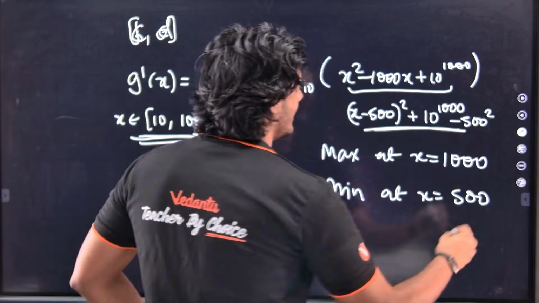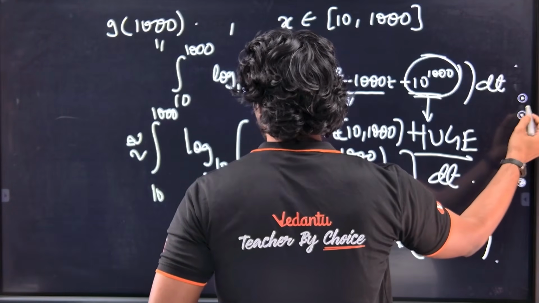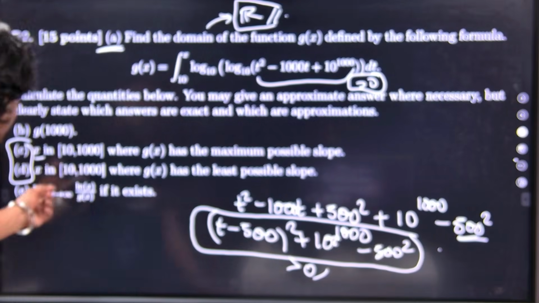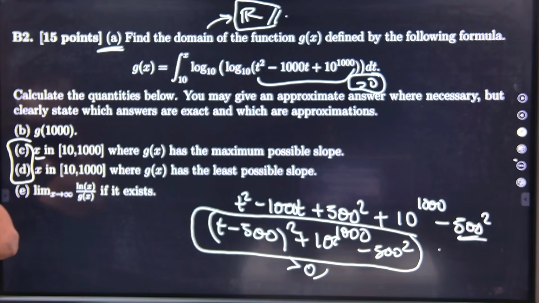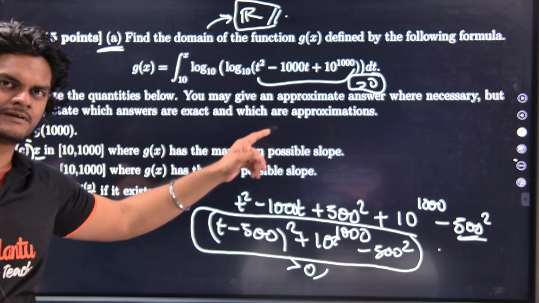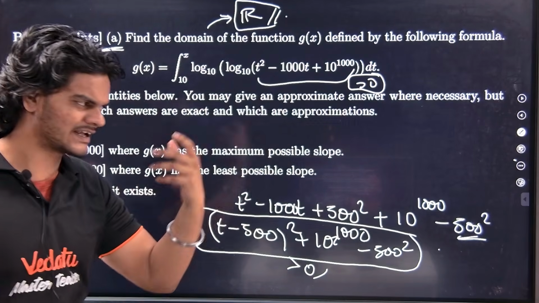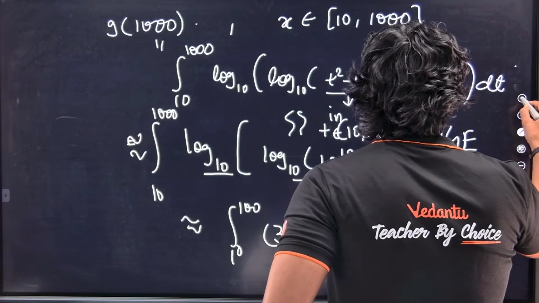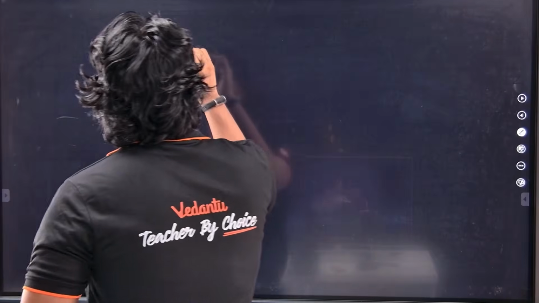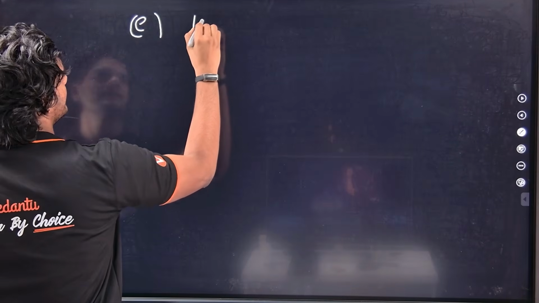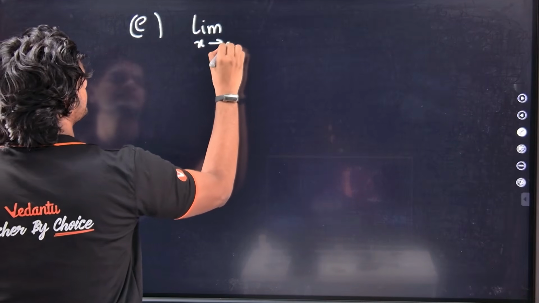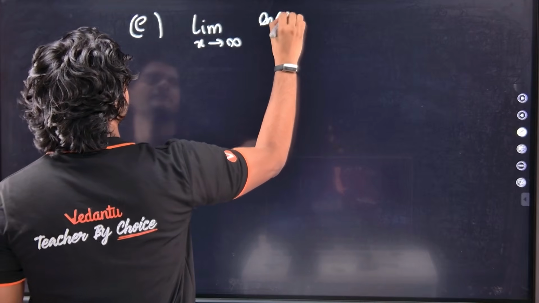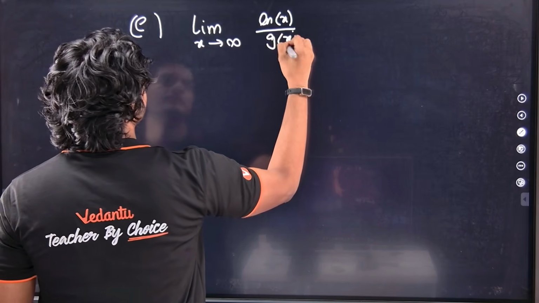Right? And what else do we want to find? Log x by g x when x is tending to infinity. So we know what to do. We know that g of x is increasing, and ln x is also increasing. We can use L'Hopital's rule. So for part E, we want to find the limit as x tends to infinity of natural log of x divided by g of x.